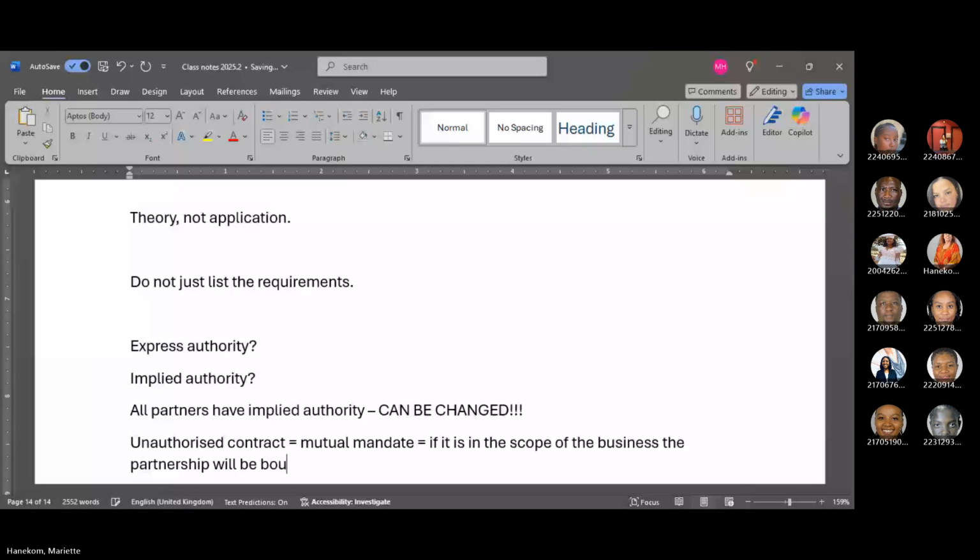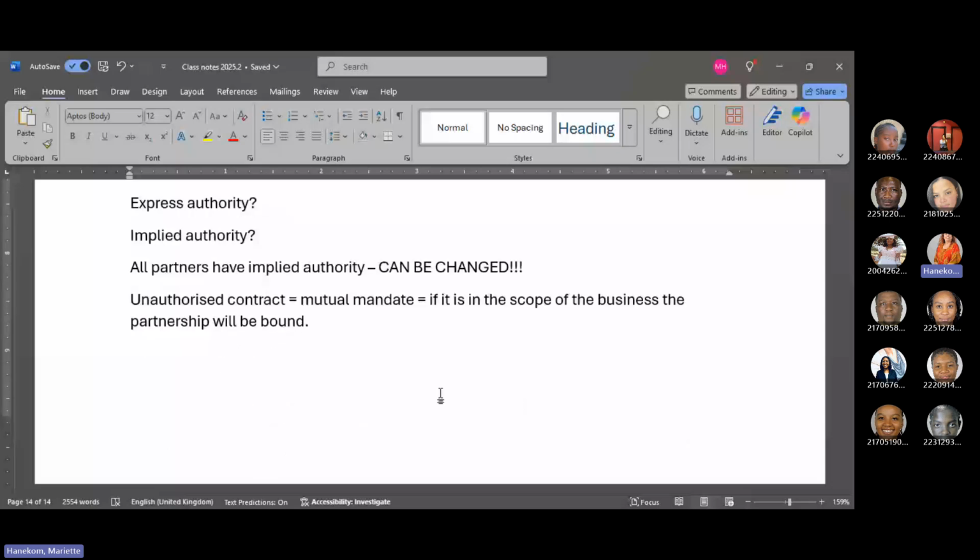Remember, for you to get maximum marks, if you just write in your answer, if it is in the scope of the business, the partnership will be bound, I'm not going to be giving you any marks. You must apply it to the facts. Tell me, is it in the scope of the partnership?